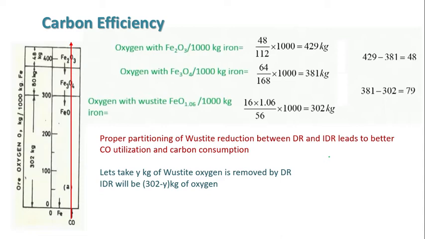It will be 429 kg. 48 means 3 oxygens, and 2 irons. So 2 into 56 and 3 into 16, that is 48 divided by 112. That gives 429 kg of oxygen in the ore.